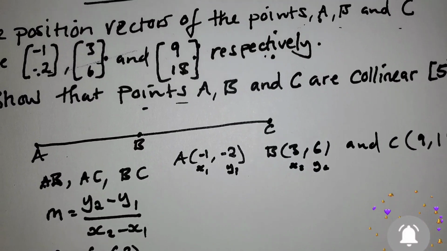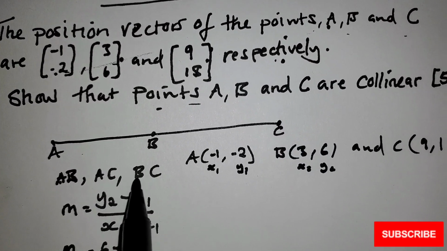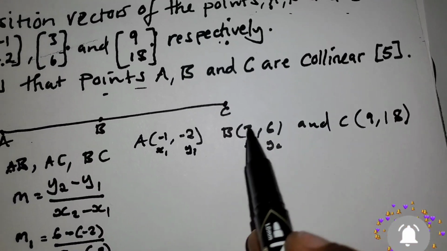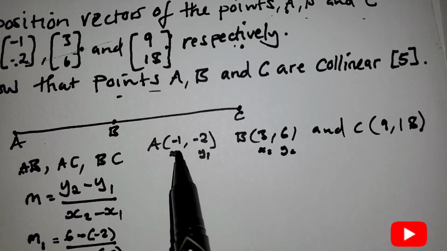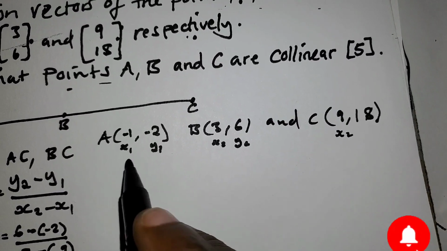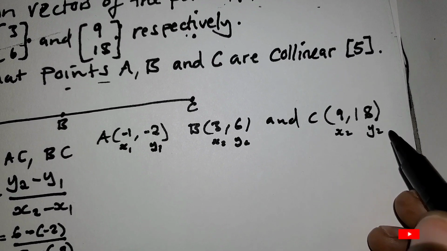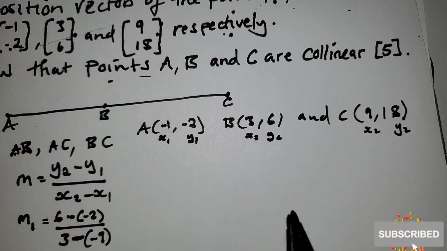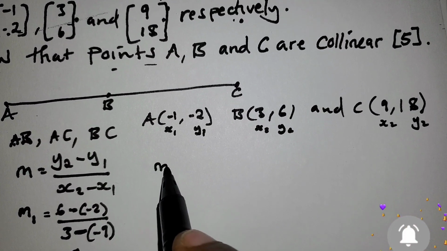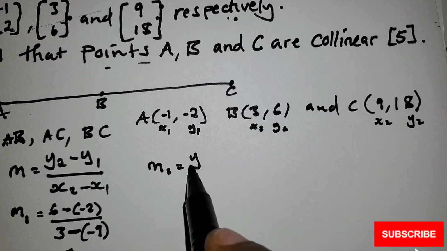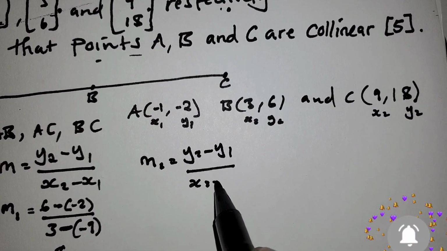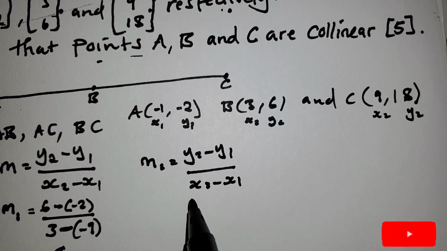Then let's find the gradient between A and C. Considering A and C, this one will be x2 and this one will be y2. Gradient 2 is equal to y2 minus y1 over x2 minus x1.